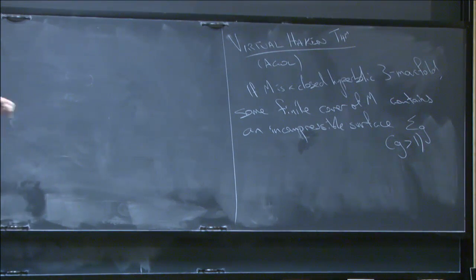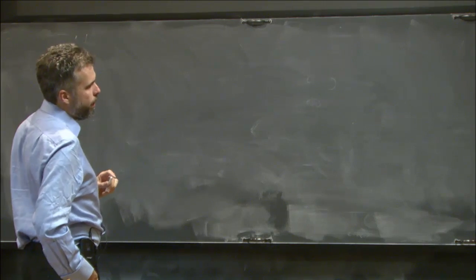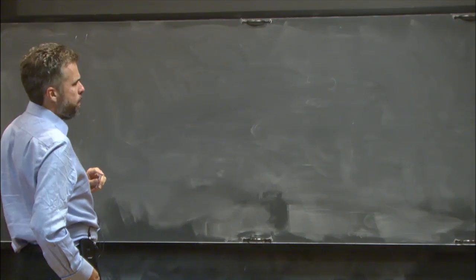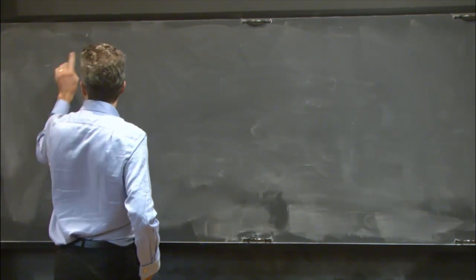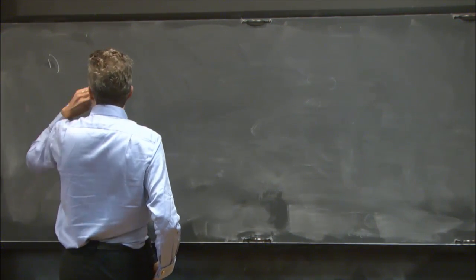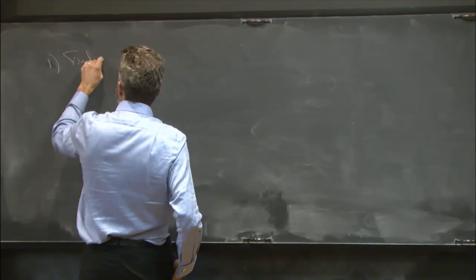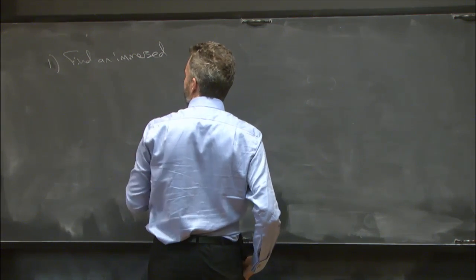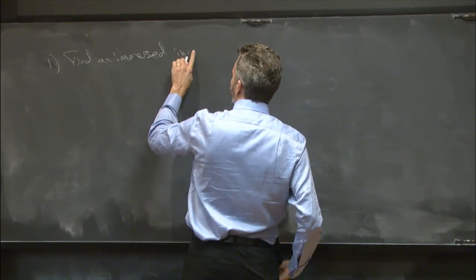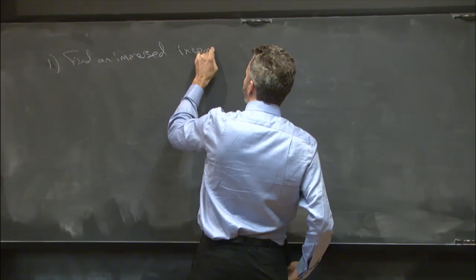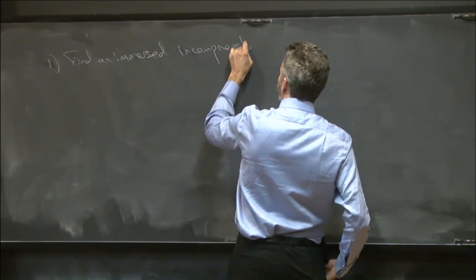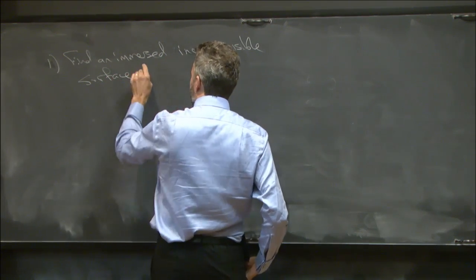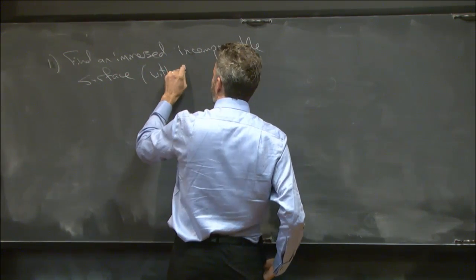And so the three bullet point outline, maybe even fewer, goes as follows. Step 1 is find, the two bullet point outline, right? Find an immersed incompressible surface with extra conditions.